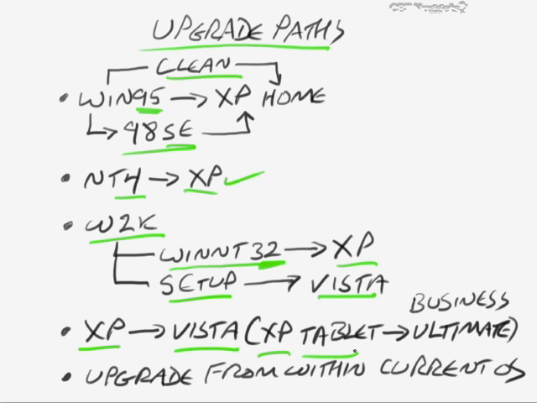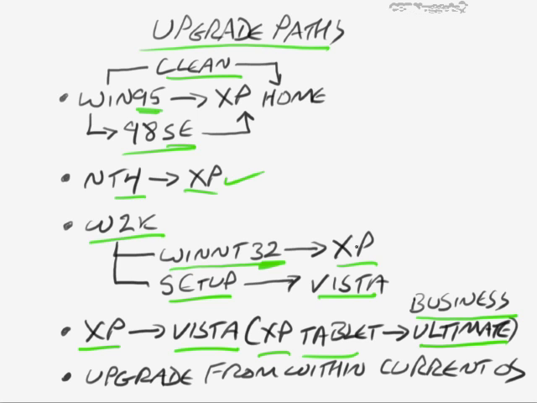Anyway, the important part of this is, what if I want to upgrade the XP tablet to Windows Vista? You can do that, but I would have to upgrade from the XP tablet operating system, which is its own operating system, to Windows Vista Ultimate Edition or Windows Vista Business Edition. Now, there is finally one other option. I can go to Windows Vista Home Premium Edition.